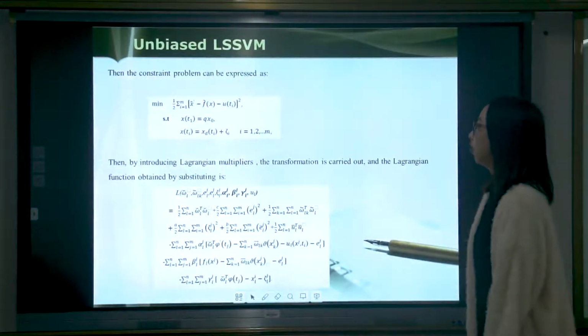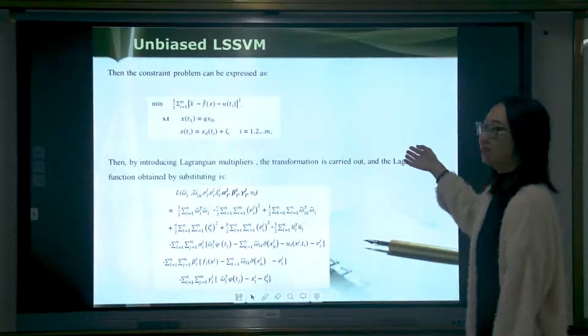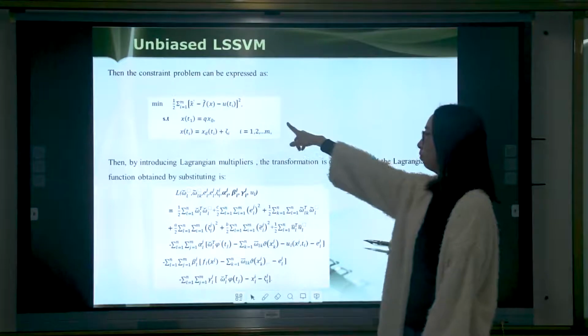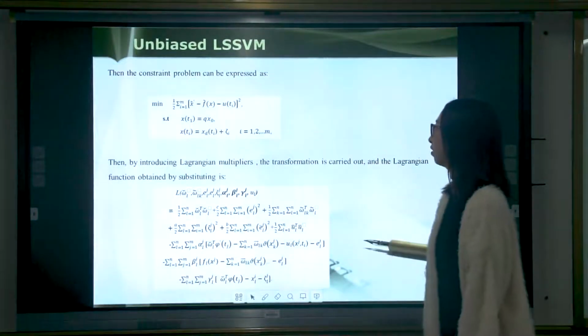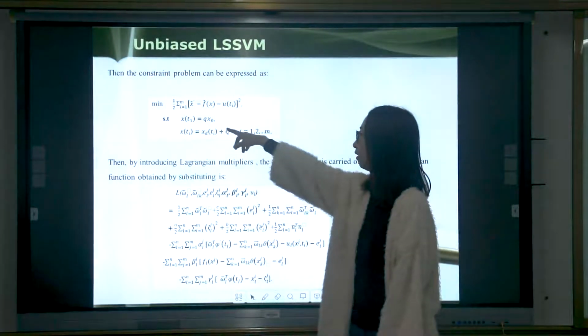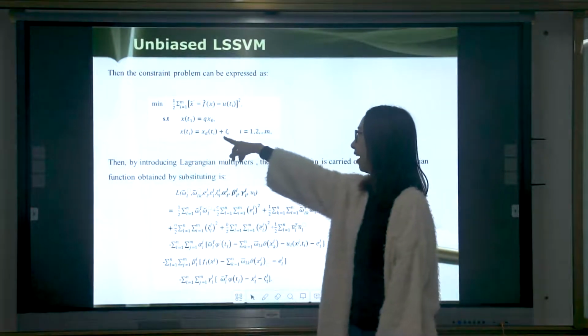So we can use this algorithm to get this constraint problem, which is to maximize this equation. So we can make x_t1 equal to this one and x_ti equal to this one.